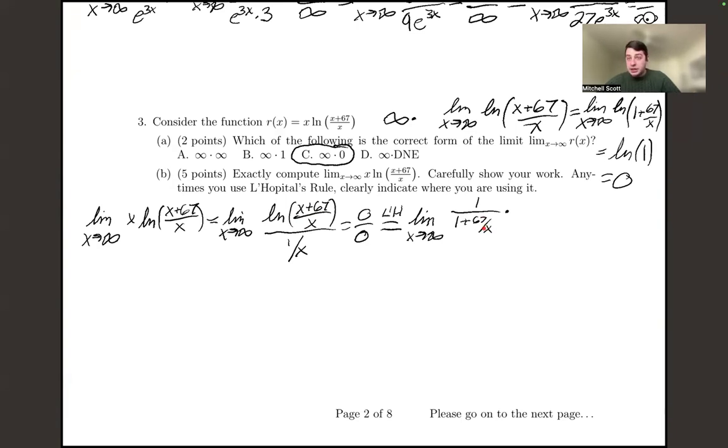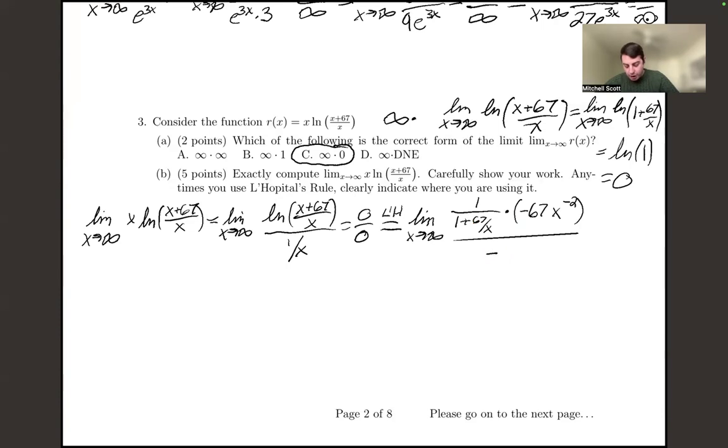We could rewrite that as 1 plus 67x to the minus 1, and then that's exactly what we're going to need to do the power rule, where then we get minus 67x to the minus 2, right? And then here, 1 over x, we could rewrite that as x to the minus 1 as well. And so then we again get the same sort of situation.